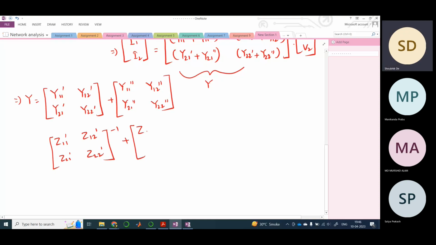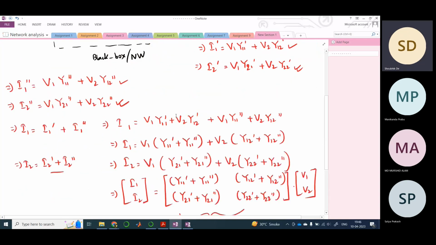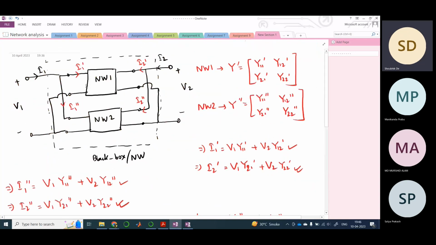remember, because Y is admittance, it's ohm inverse, and Z is impedance, it's ohm, right? So that is why this inverse is coming. Initially, if this was a simple series circuit, then it would have been the addition of the two Z parameters of the circuit.